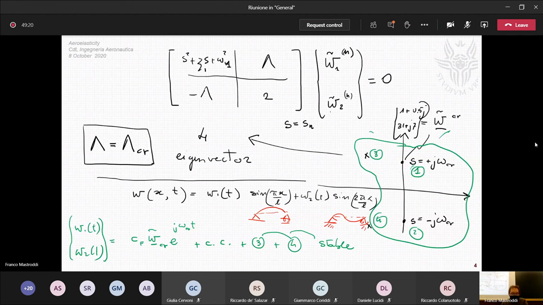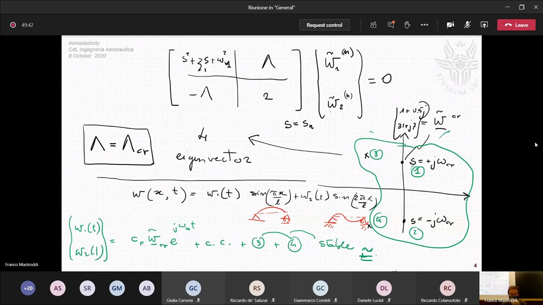So the only part of the response that will survive in steady regime is the following.